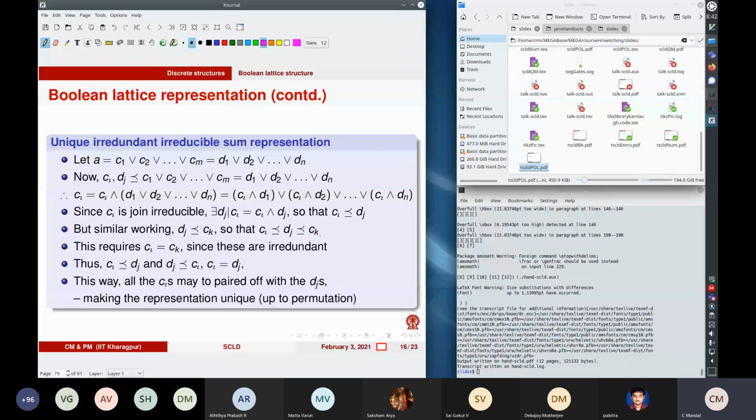But the question is, can you have, so you have this is 0, so these are your atoms, A1, A2.